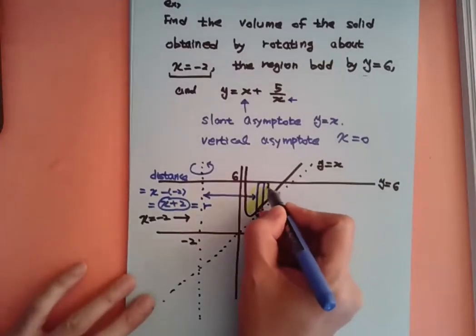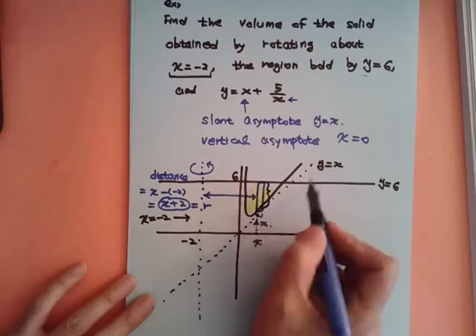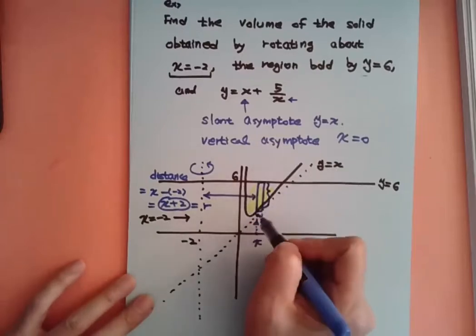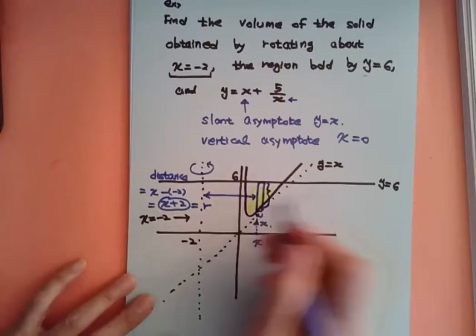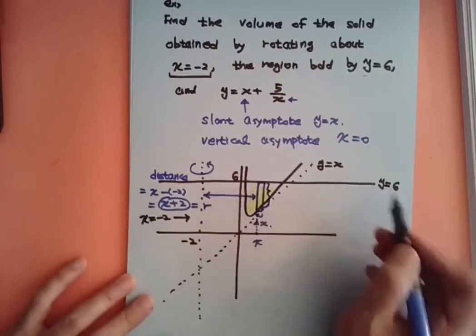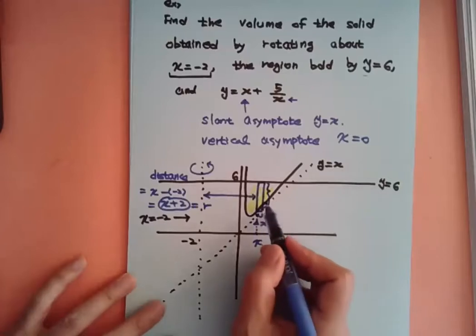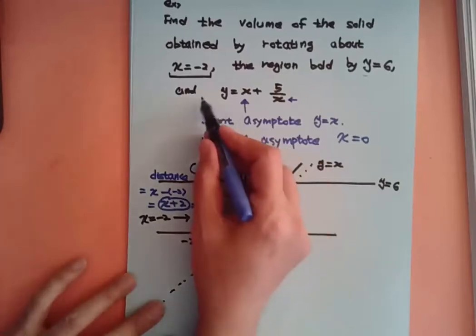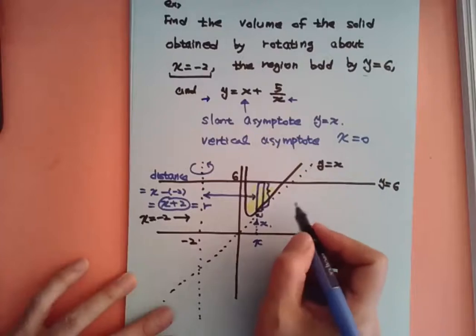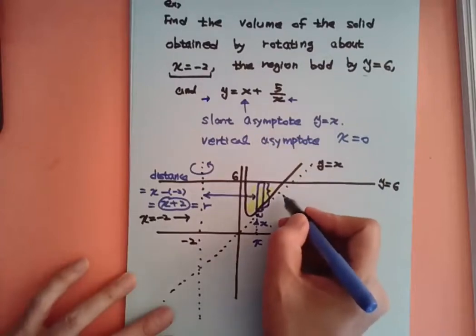Height is the difference between the larger graph and the smaller graph. Obviously, the larger graph is y equals 6, and the smaller graph is this rational function's graph.